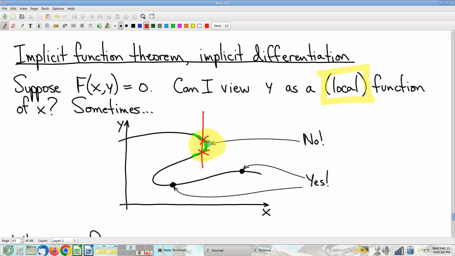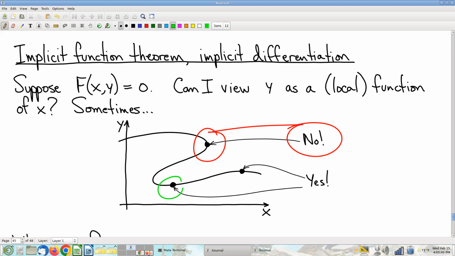And you just, not even locally, can you view y as being a function of x. Everybody see the problem? Okay, so what we want to figure out then is how do we distinguish bad scenarios like this one from good scenarios like these.